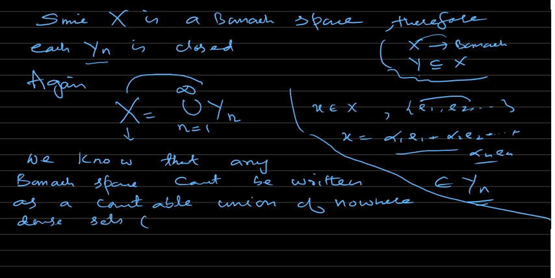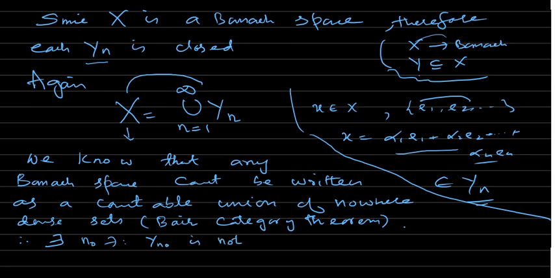It is by the Baire category theorem. So here it is a countable union, so that means not every Yn is nowhere dense. Therefore there exists some n naught such that Yn naught is not nowhere dense.